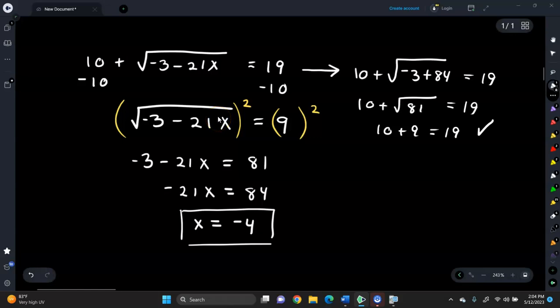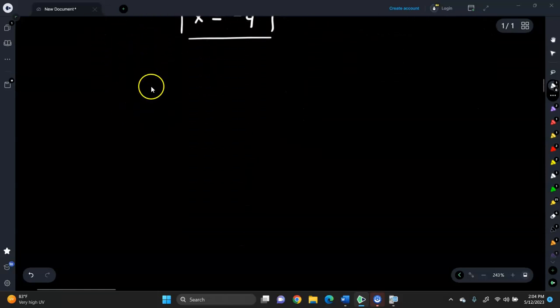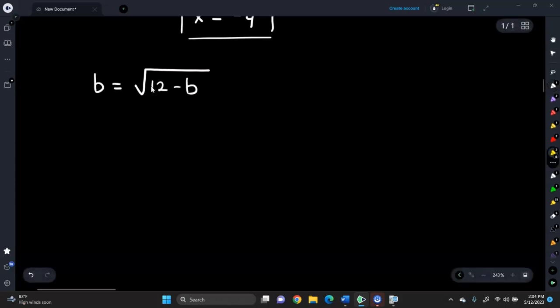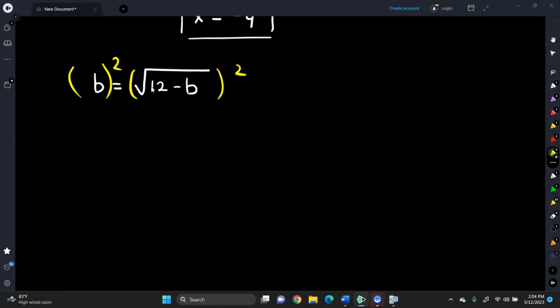Okay, so let's look at this one. Here we have b equals the square root of 12 minus b. Okay, so this time the square root is isolated, so I don't have to do anything there. I'm just going to square both sides. So we're going to get b squared equals 12 minus b.